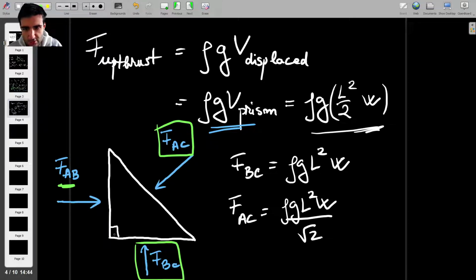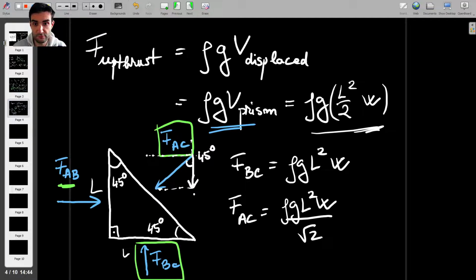We know this is a right triangle with equal sides, so it's an isosceles triangle, and the question even tells us that this angle here and this angle here are both 45 degrees. This means that if you try to find the components of this FAC force, the vertical component will have an angle of 45 degrees with respect to the direction of the actual force. The component that we care about for AC is this FACY.